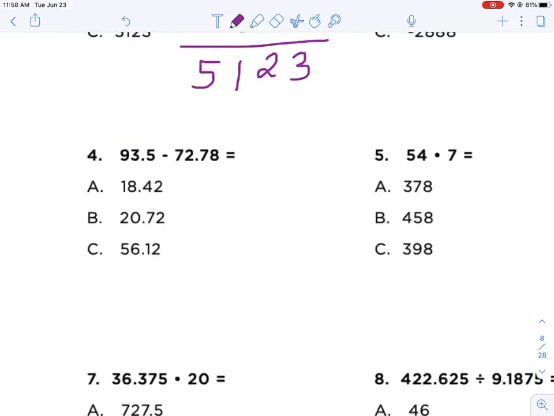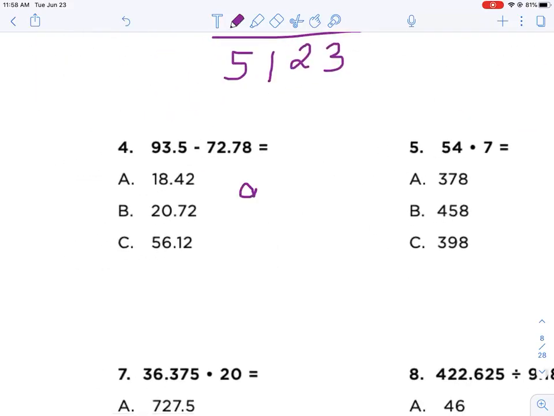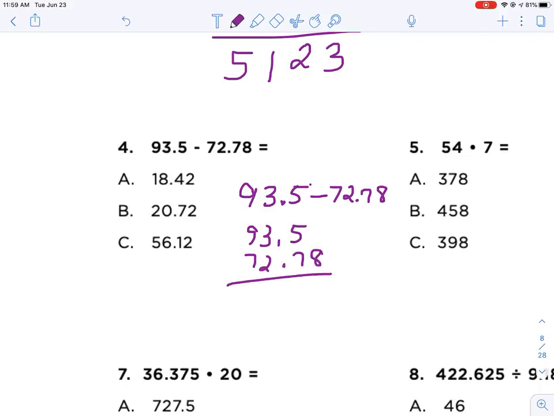Okay. Let's do a subtraction one here. The way that it's written, we're going to line up the decimal points. Do you notice how the bottom number has 2 decimal places, but the top number only has 1?